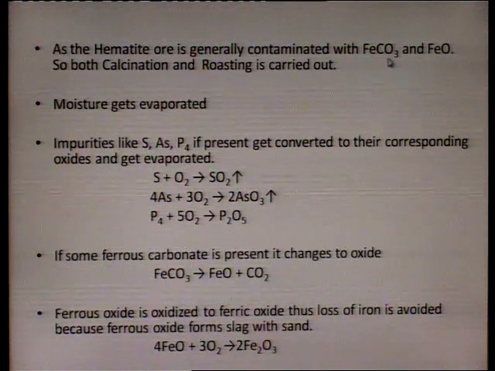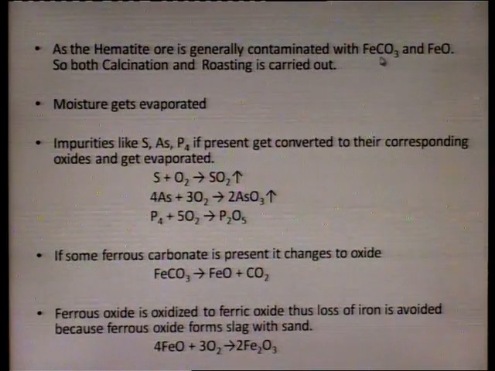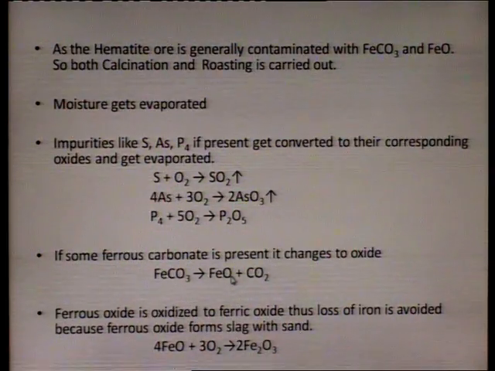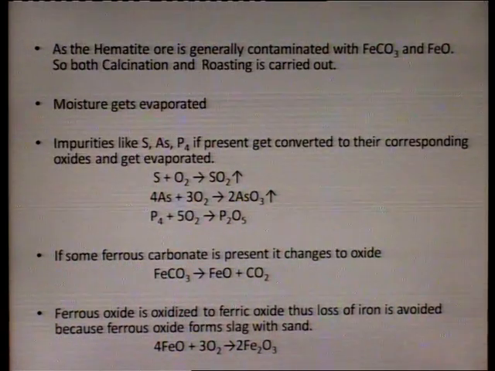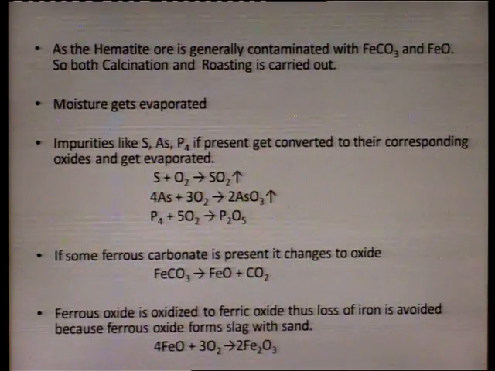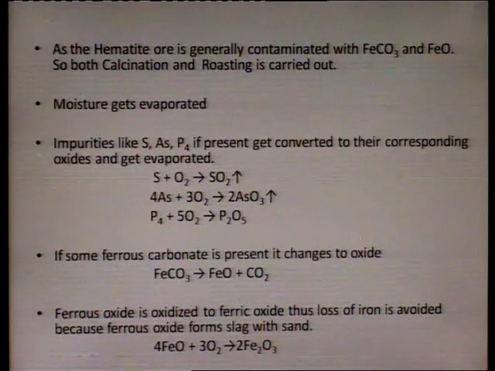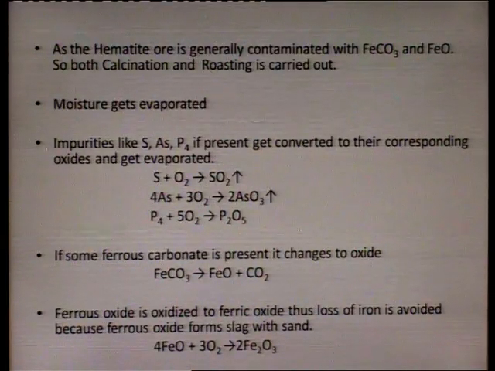The iron carbonate gets converted to ferrous oxide, and this ferrous oxide gets converted to ferric oxide immediately by roasting, and in this way we prevent the loss of iron. That is why calcination and roasting is carried out in the case of hematite ore.